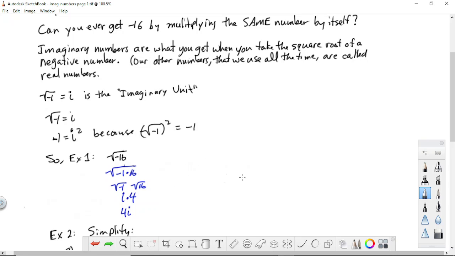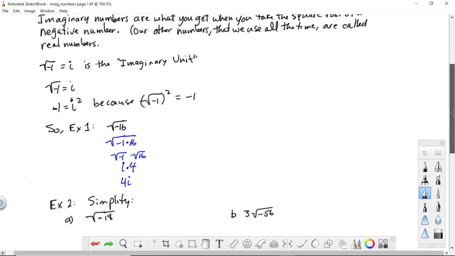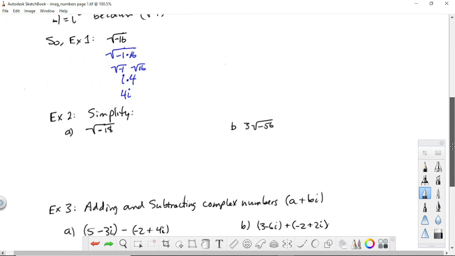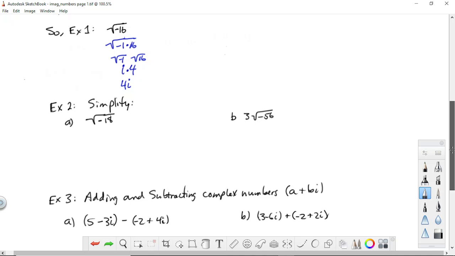You might wonder, what are these imaginary numbers even for? I mean, this is really weird, but they are useful. They started using these in around the 1500s, I think, and they found they could solve some cubic equations, equations that have an x cubed in them.